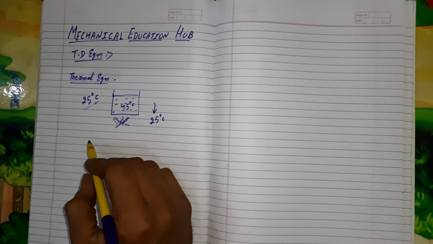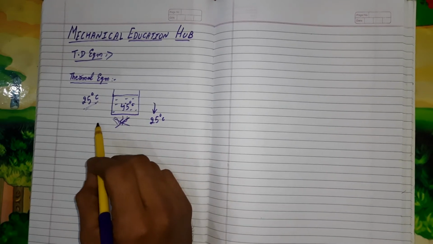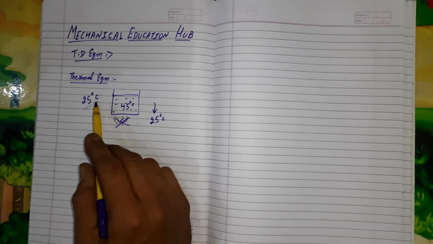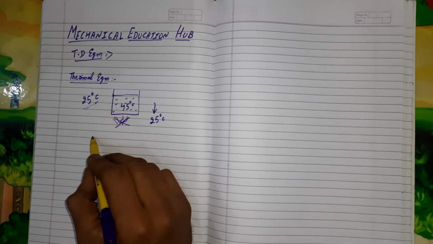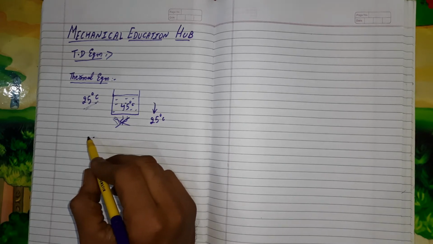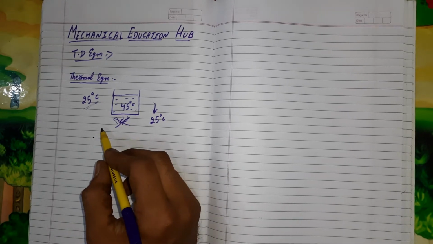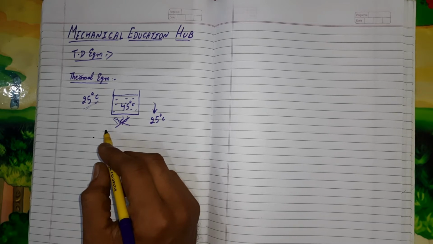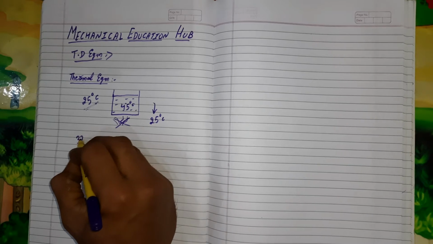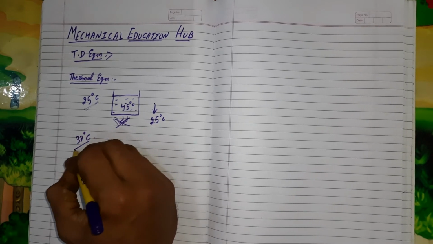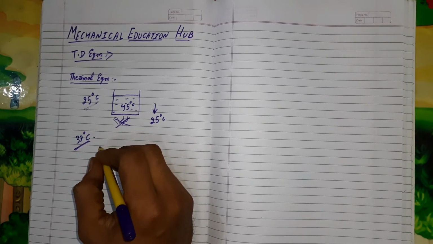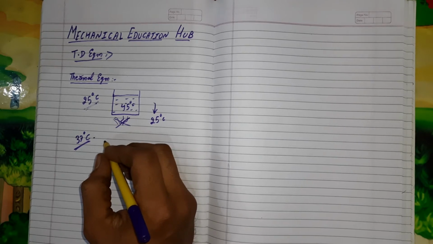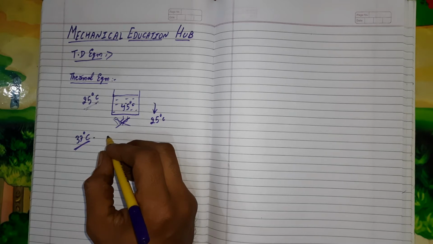We have one more good example to understand thermal equilibrium, and that is that a dead body is always in thermal equilibrium. Let's understand this. Actually, normal human body temperature is approximately 37 degrees Celsius, whereas the temperature of our surrounding keeps on changing. Sometimes it's cold and sometimes it's warm.